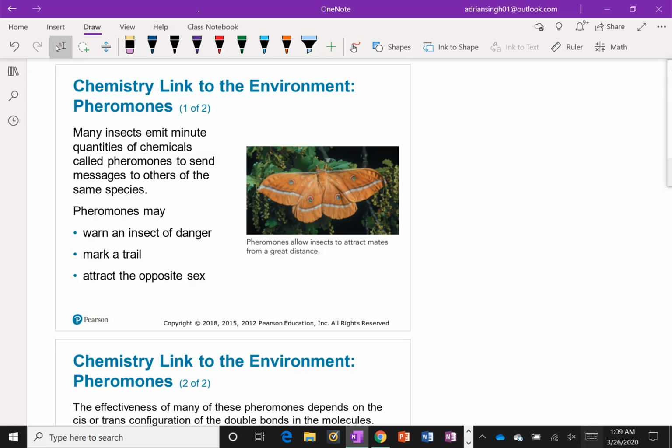And in lots of cases, these compounds called pheromones are either in the cis or the trans isomer, and having one versus the other either leads to attracting a mate or to not attracting a mate. So it's extremely important, not just in the case of these insects, but in the case of making drugs, for instance. So why is one drug particularly effective versus another one? Well, sometimes it may have to do with the structure. Maybe just having one bond in a cis versus a trans can have a huge impact.